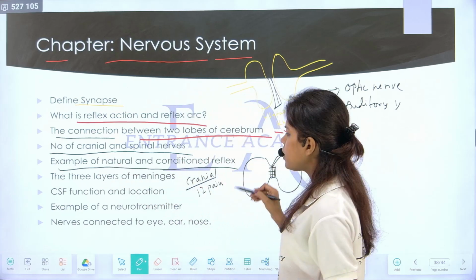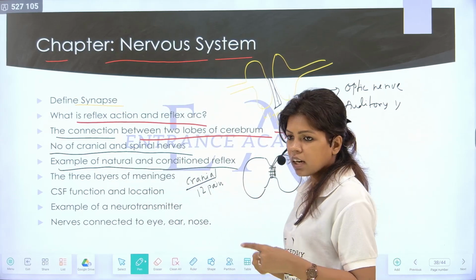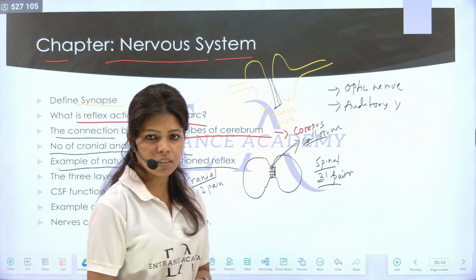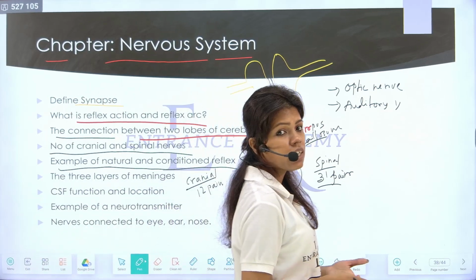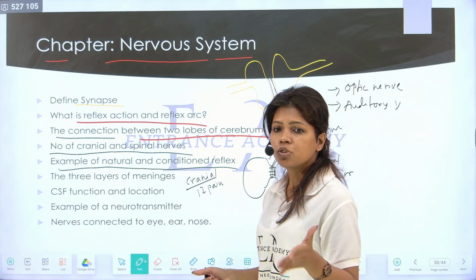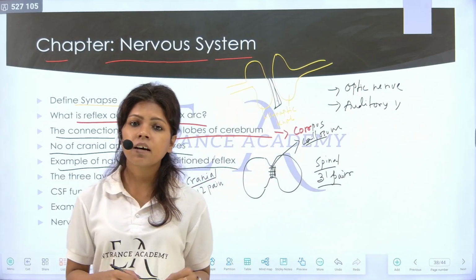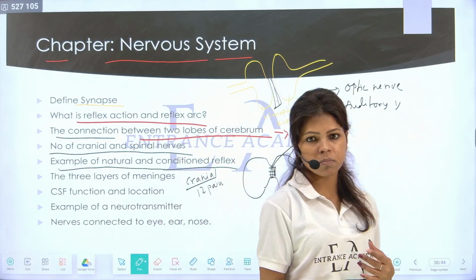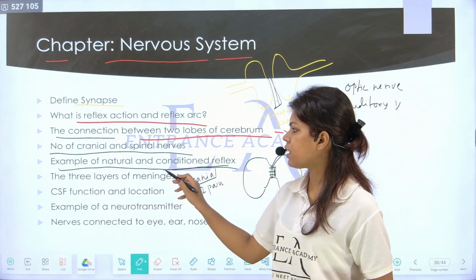Examples of natural and conditional reflex. Natural reflexes are present inside our body from birth, and conditional reflexes we learn through repeated practice throughout our life. For example, playing an instrument, solving a numerical problem. These are examples of conditional reflex.